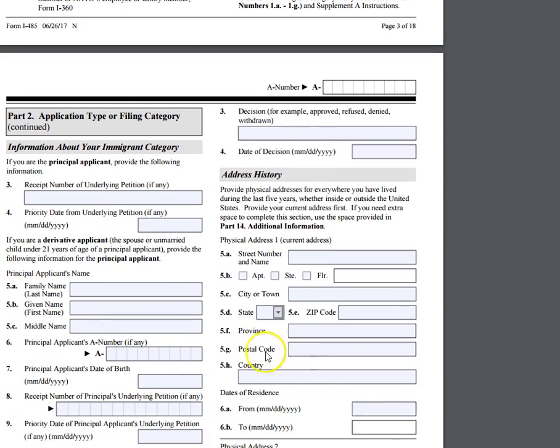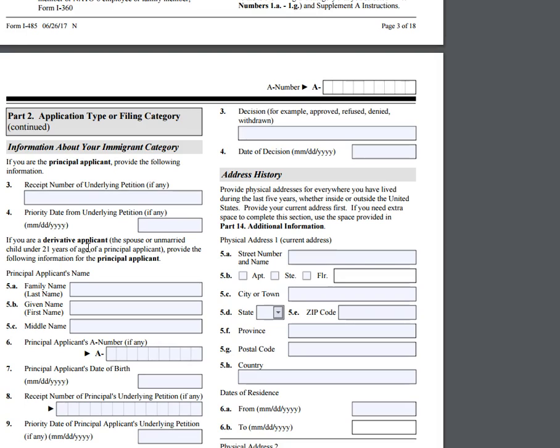Also, we know sometimes there is a derivative. What is a derivative? A derivative is when you are not the applicant, but you get some benefit because you are related to the applicant. Let me explain. Let's say you filed for your wife, just as an example, so the kid from your wife can be a derivative. This is for permanent residents.